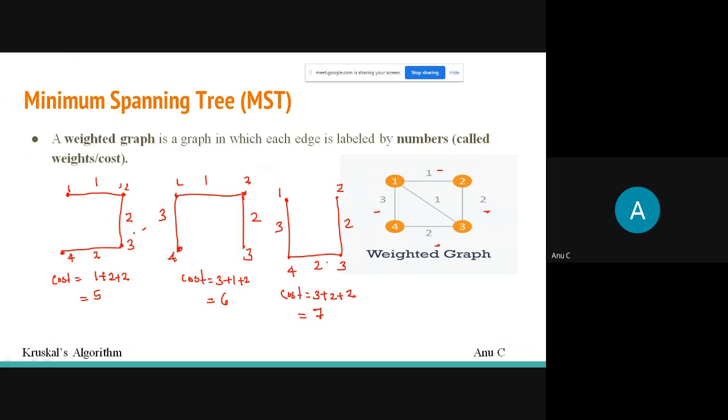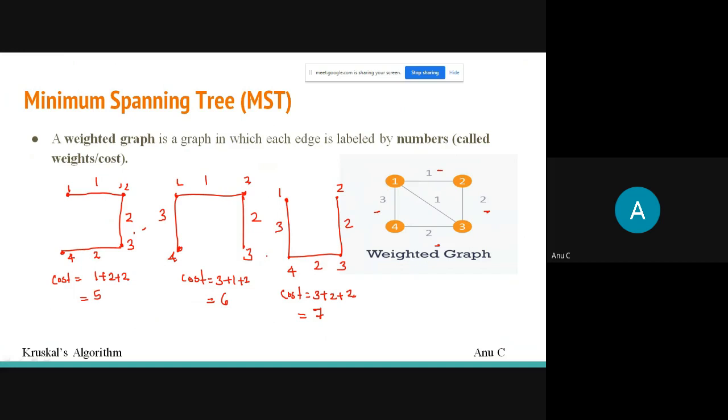So from this example, we can understand something. That is, if you have a weighted graph, you may have different spanning trees, right? And the costs of these spanning trees are varying. That is, the spanning trees have different costs, right?